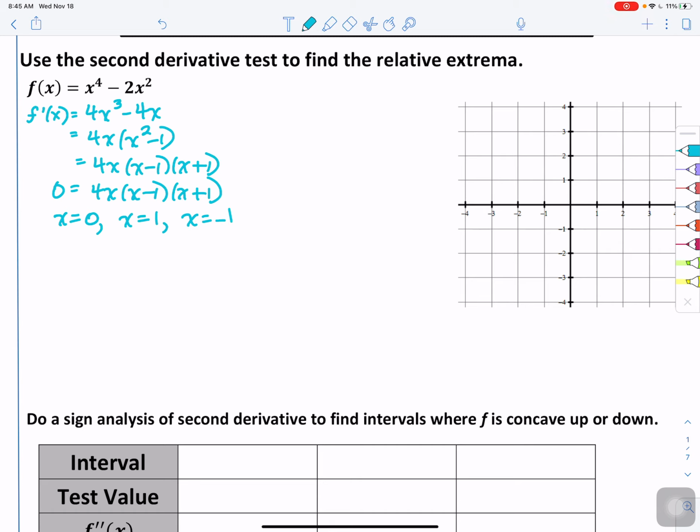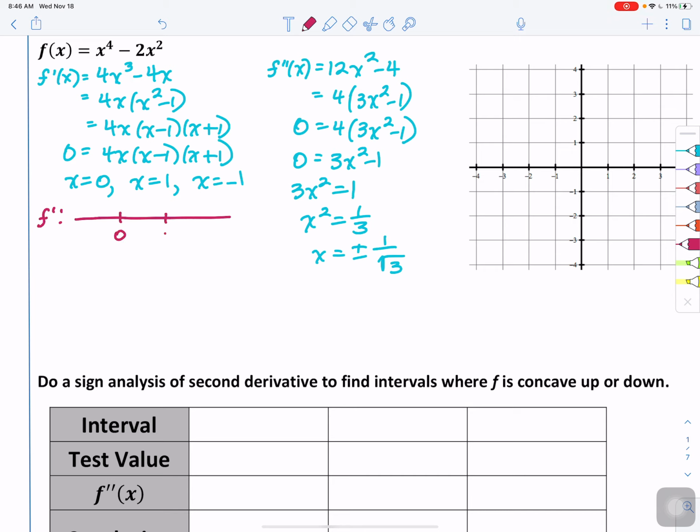Now, what's important now is let's go ahead and make an f prime sign chart just so we can have those critical points on there, and we can see where the first derivative is equal to 0.